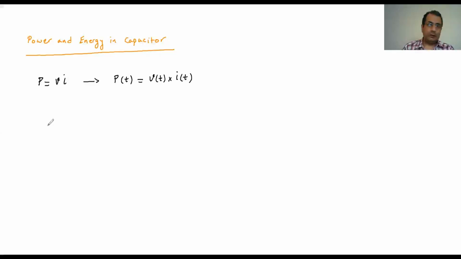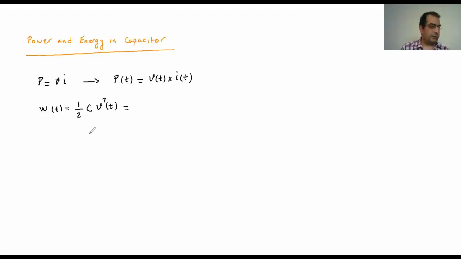For the energy, which the book shows with the W, I'm going to show the W as well. The energy in the capacitor, again assuming it is time dependent, is half of the capacitance times the voltage squared, assuming the voltage is a function of time.